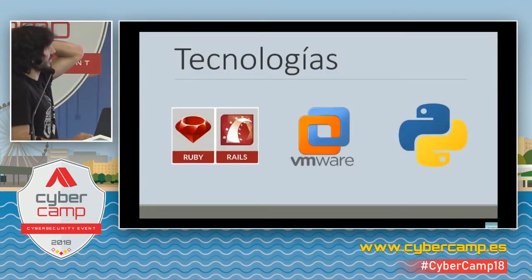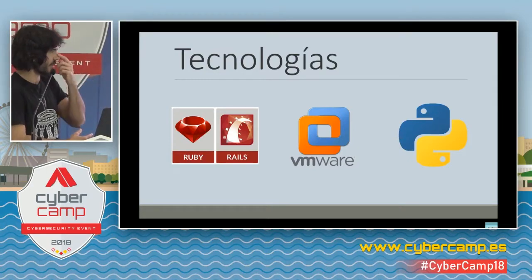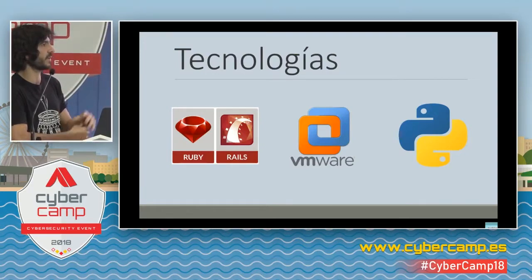Now, these are the technologies that we've used: Ruby and Python. Python mostly for the client's wrapper. And then connections are done through sockets, not with Scapy, or we didn't think that would be correct or even feasible. And then what about the supervisor level?